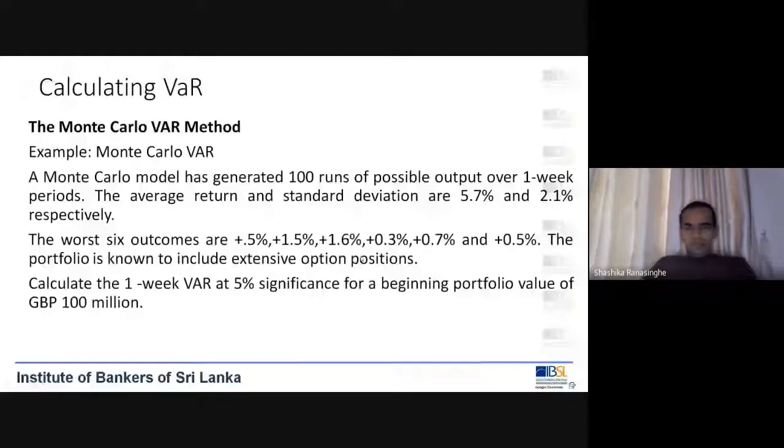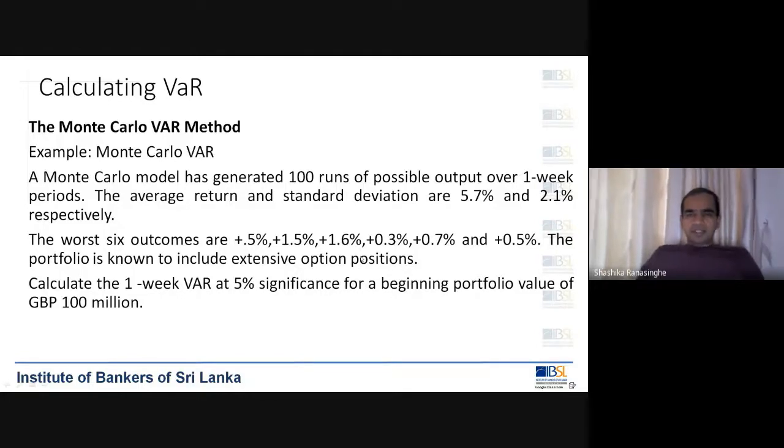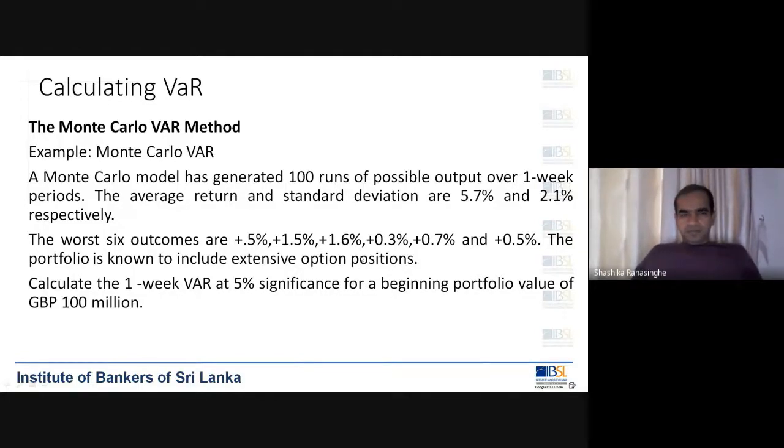Why? What is the first thing you should do? Should you not rank the returns? Either from best to the worst or worst to the best. So if you rank them, you have to rank, don't forget. If you rank them, what is the worst return? Out of a given set of returns, what is the worst return?